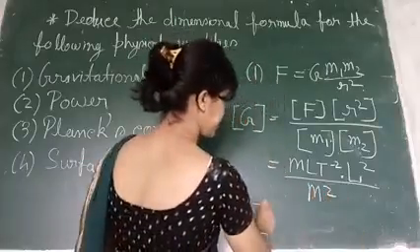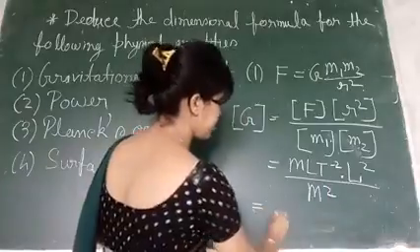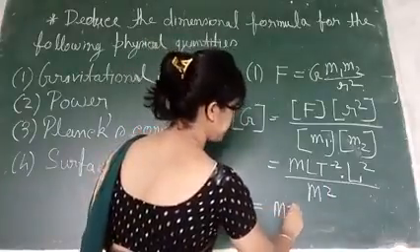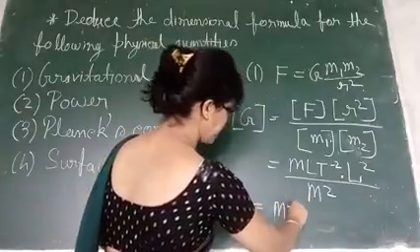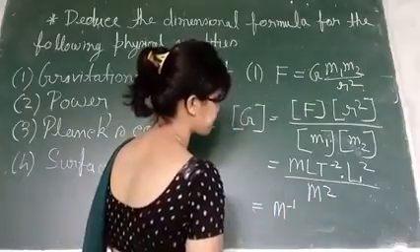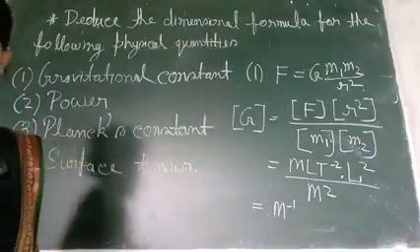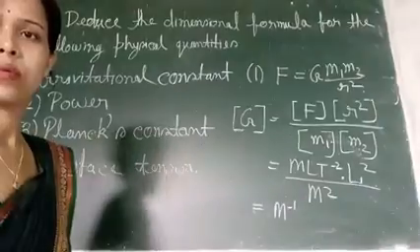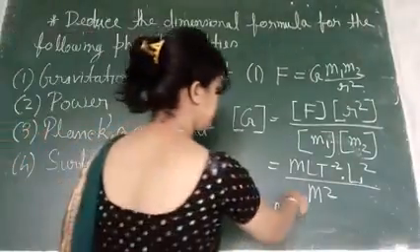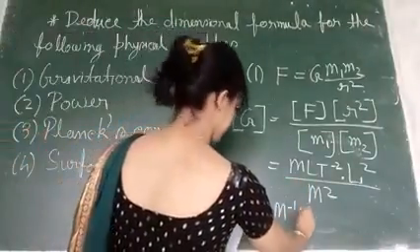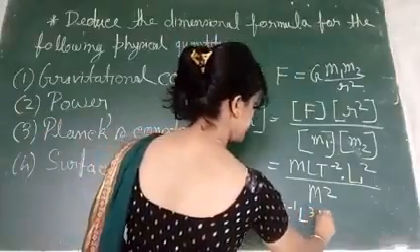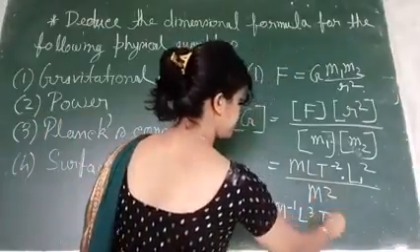So what will be the result here? This will be M to the power minus 1 L cubed T to the power minus 2.